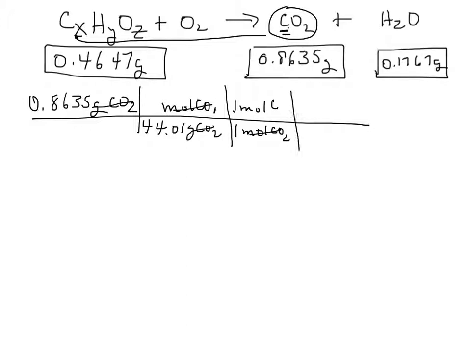Now we have the moles of carbon in the products, but we need the number of grams. There are 12 grams of carbon per mole of carbon. That will tell us the number of grams of carbon that are in the product.